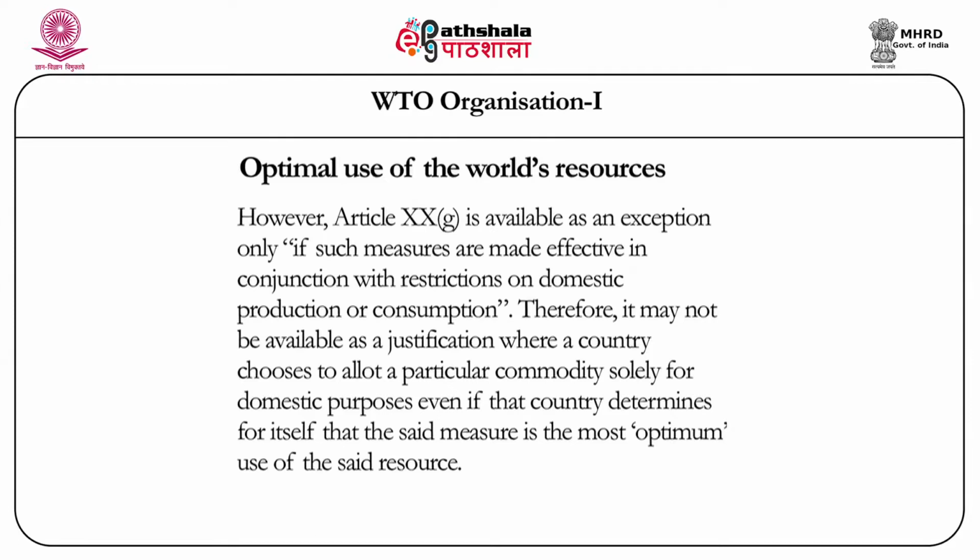However, Article 20(g) is available as an exception only if such measures are made effective in conjunction with restrictions on domestic production or consumption. Therefore, it may not be available as a justification where a member chooses to allot a particular commodity solely for domestic purposes, even if that country determines for itself that the measure is the most optimum use of the said resource.